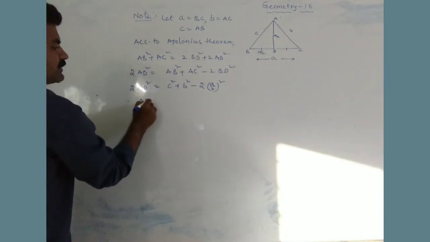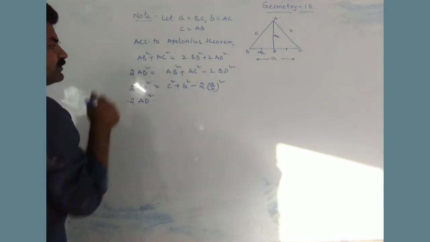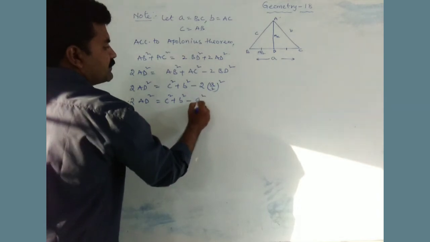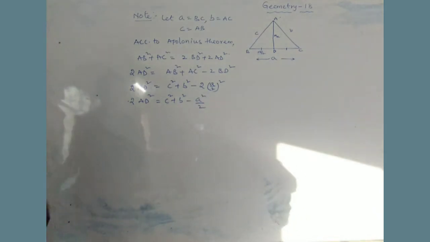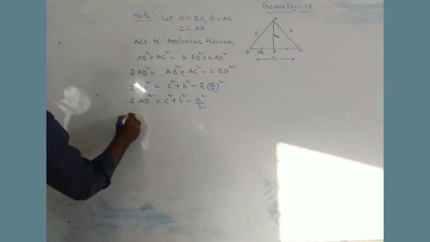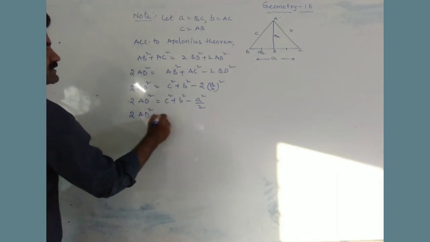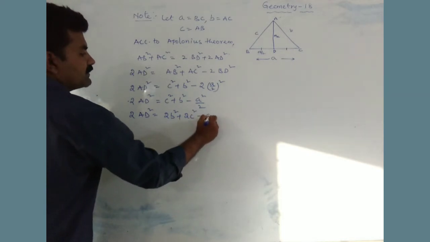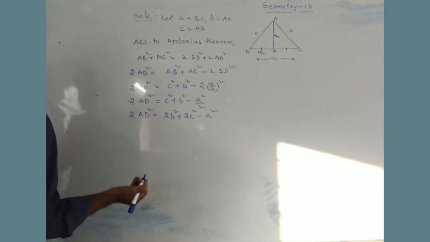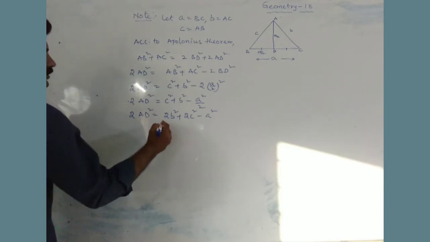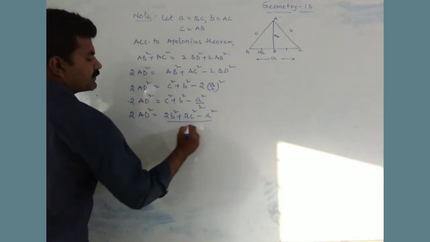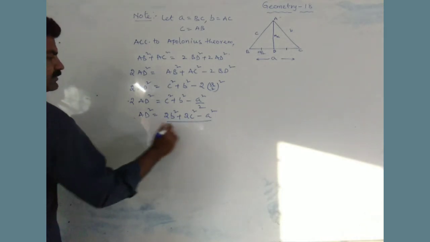So let us simplify this one. What is finally the length of AD we want? So c square plus b square minus a square by 2. If you go for cross multiplication here, 2 into AD square is equal to 2b square plus 2c square minus a square, whole divided by 2, or AD square is equal to that whole divided by 4.